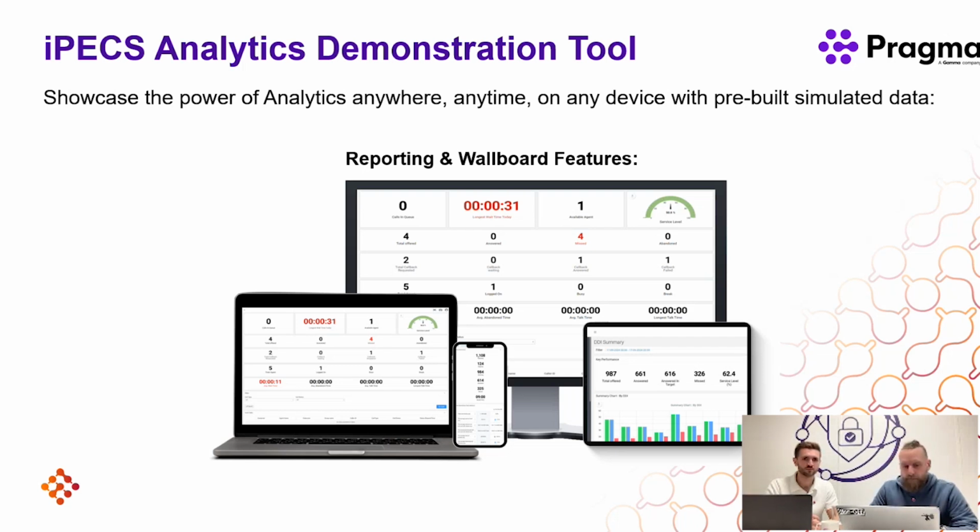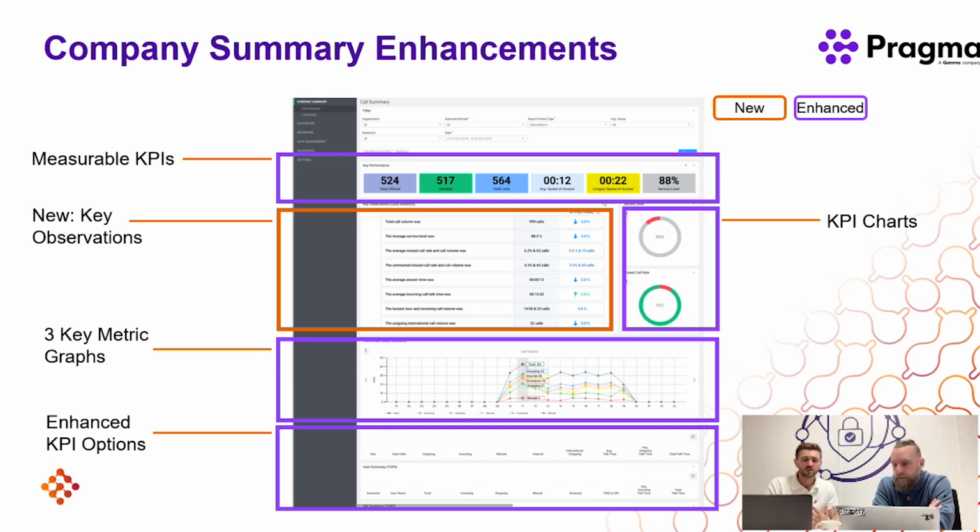Fantastic. I think from a user interface point of view, there's some other subtle enhancements going on within the company summary section of analytics, where we've got some of that high level core data. What sticks out here is we've still got that high level information, but the key thing to point out is giving users different views and different options of how to view this information.